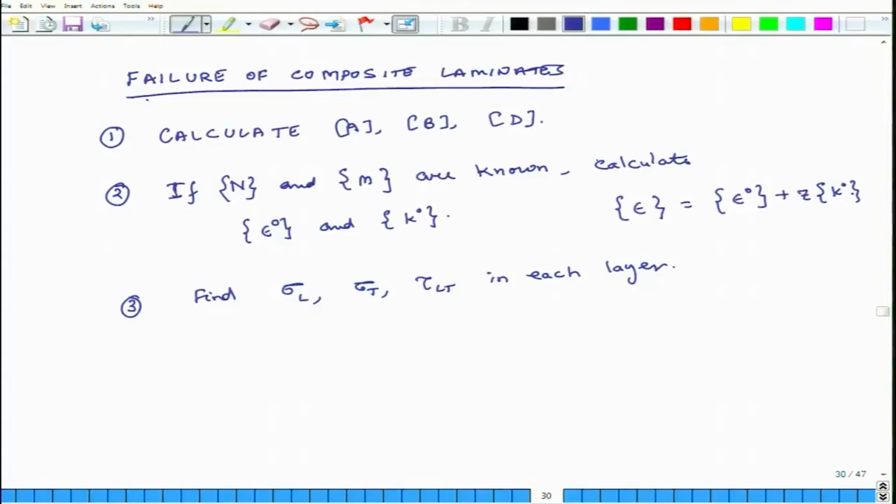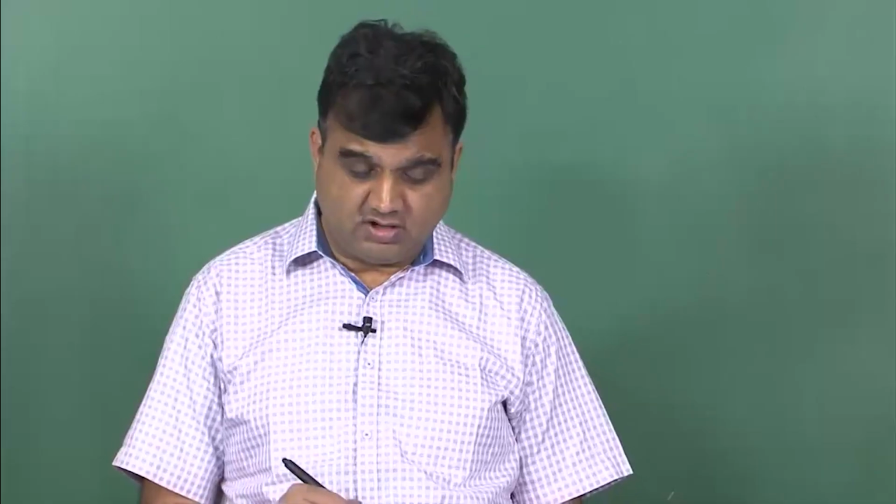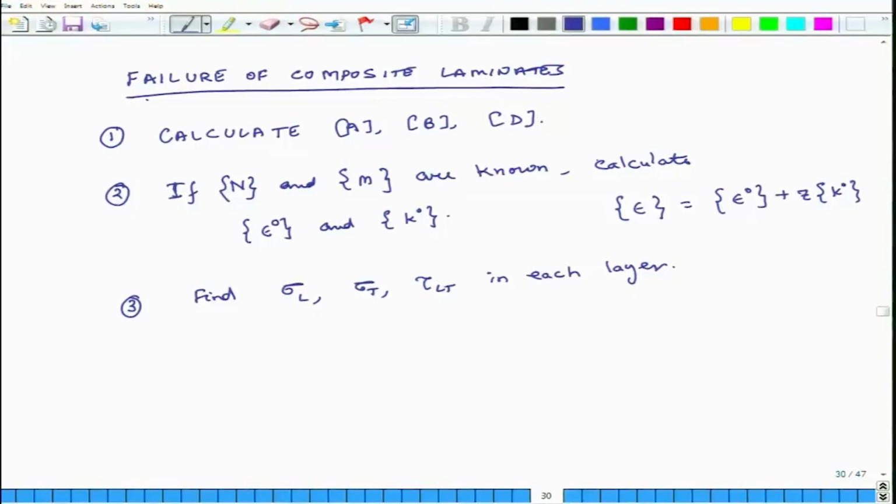So, for each layer I can calculate strains in the x, y and shear directions using this relation, and then I can transform these strains into the LT coordinates. Once I have converted them into the LT coordinates, using the Q matrix I can calculate sigma L, sigma T, tau LT in each layer. So, I have to do a layer by layer approach.